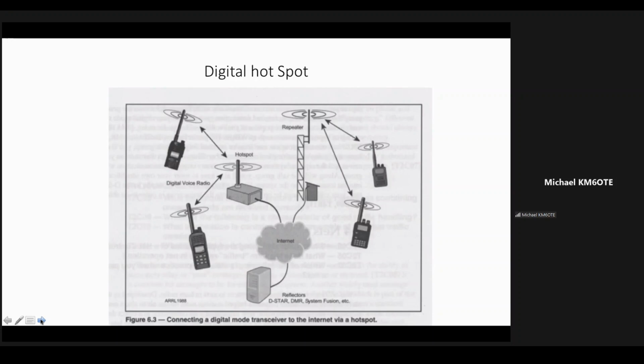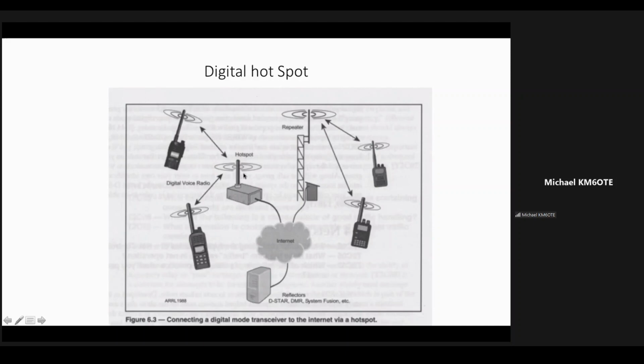Tim talked about how your HT communicates to other radios via a repeater, and that's also true of digital modes where the repeater has a digital mode. But if you live in an area that doesn't have access to a digital mode repeater, you can install what's called a digital hotspot.